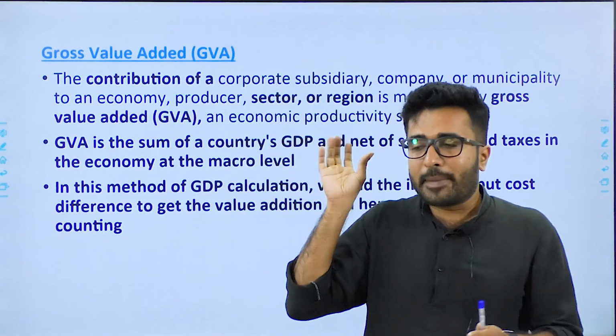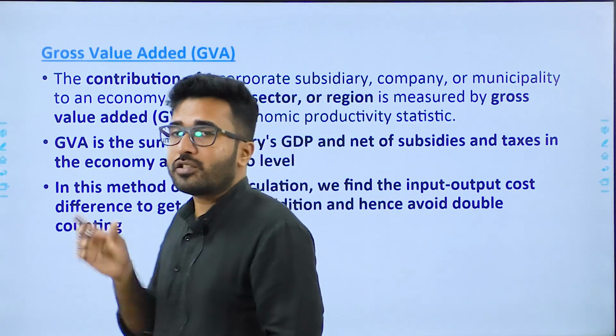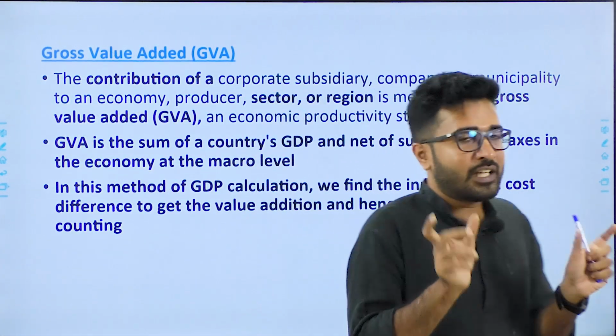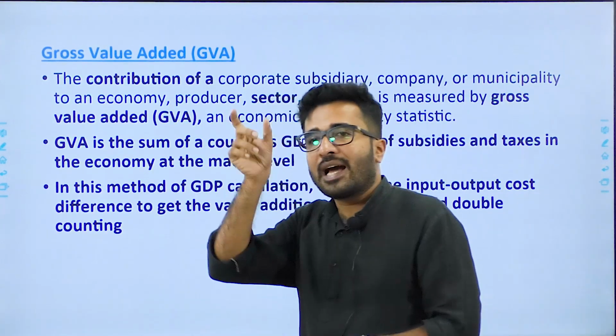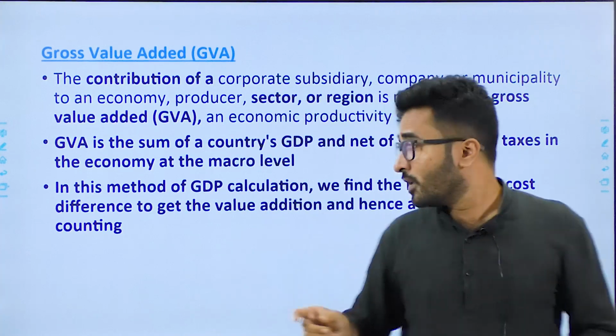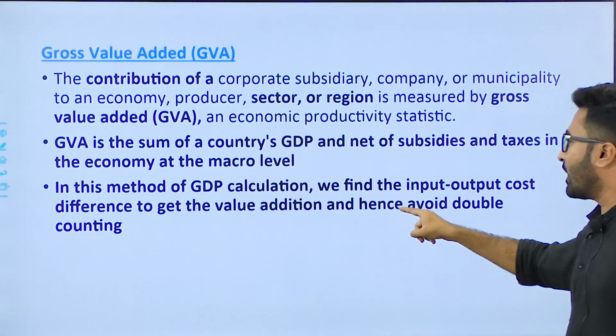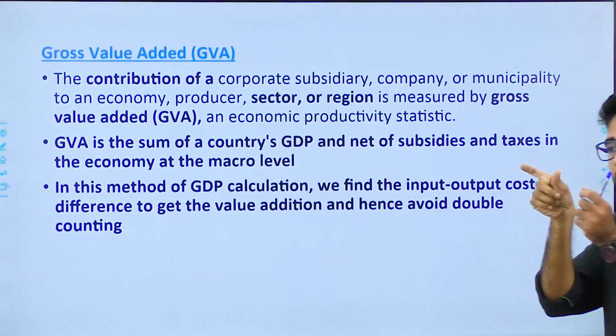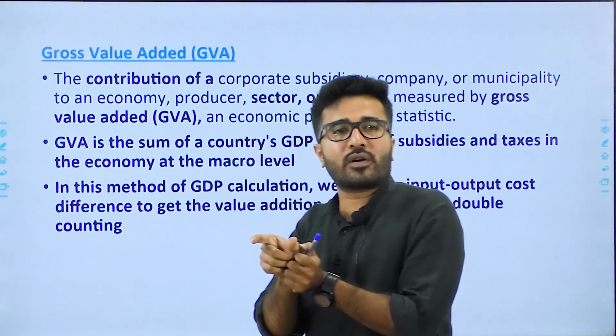So in the method of GDP calculation using the value addition method or GVA method, we will be taking the difference of input and output cost, and the net cost will be used for calculating the GDP. So in this method of GDP calculation, we find the input output cost difference to get the value addition. The cost of the raw material is already accounted in the GDP.